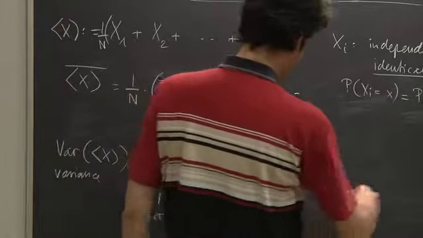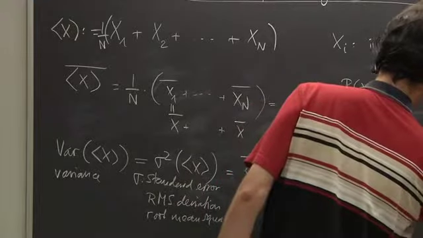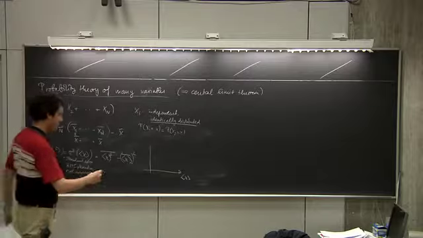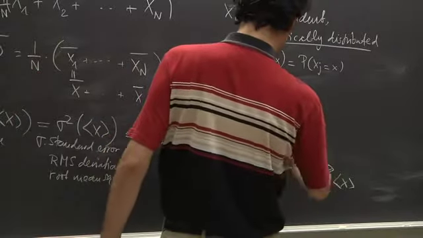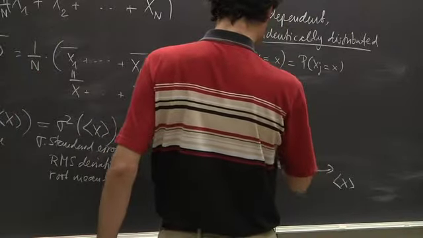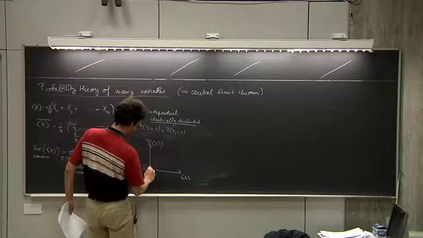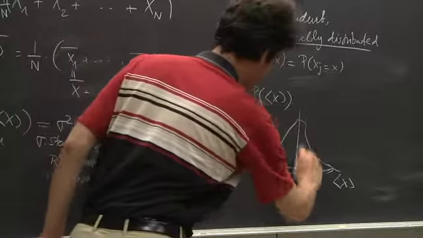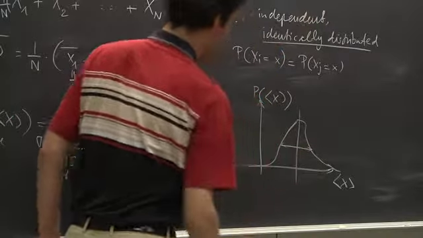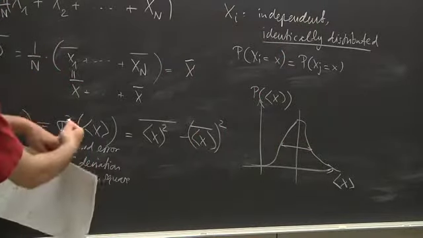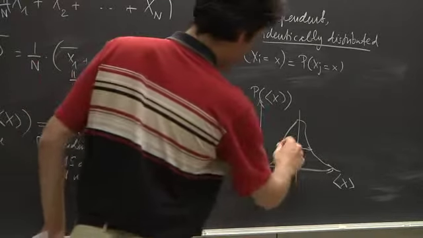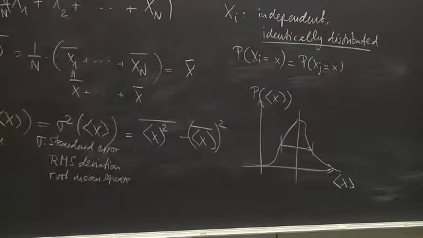So if this is your object, which I call now bracket x, it has a certain distribution. So P of x will look something like this, maybe, right? So it has an average and it has a typical width, and this sigma, the square root of the variance, is this typical width.